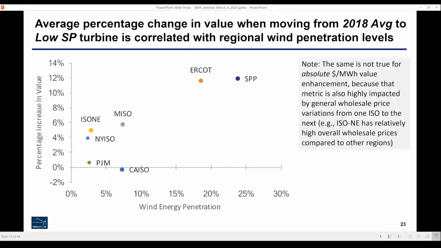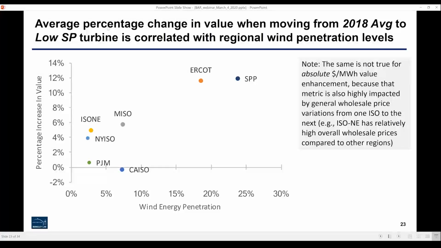And then here, this shows graphically how much higher the wind penetration is in ERCOT and SPP, plotted versus the percentage increase in value we see from the low SP turbines. And so we see this much higher percentage increase in value for ERCOT and SPP from the low SP turbines than all the other regions.